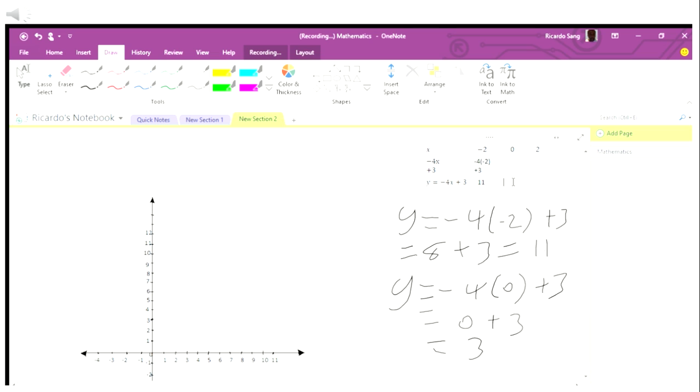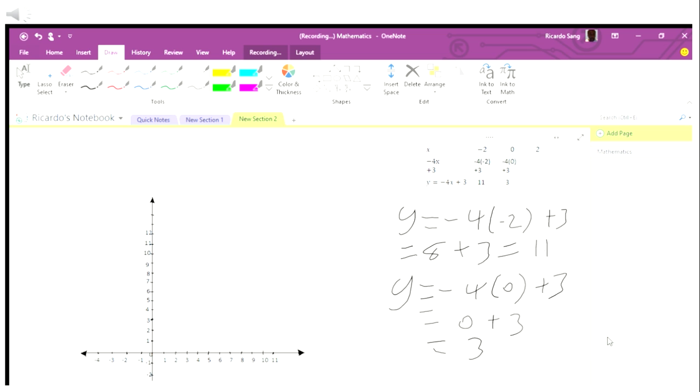Right? So this right here, let's plug in that value. That would be 3. And let's plug in the process. That would be minus 4, open bracket, that would be 0, close bracket, and this right here would be plus 3. Alright?